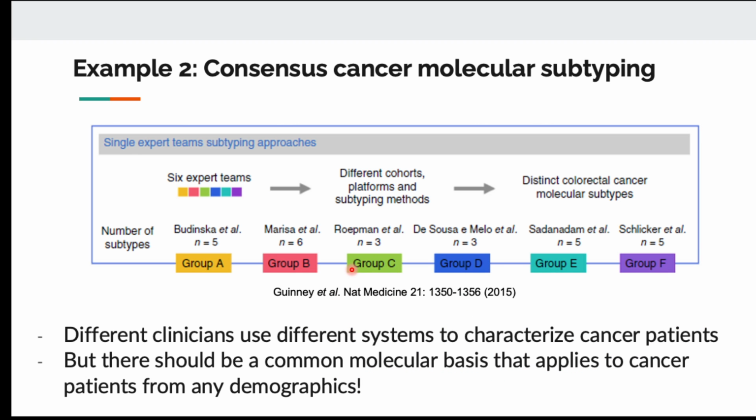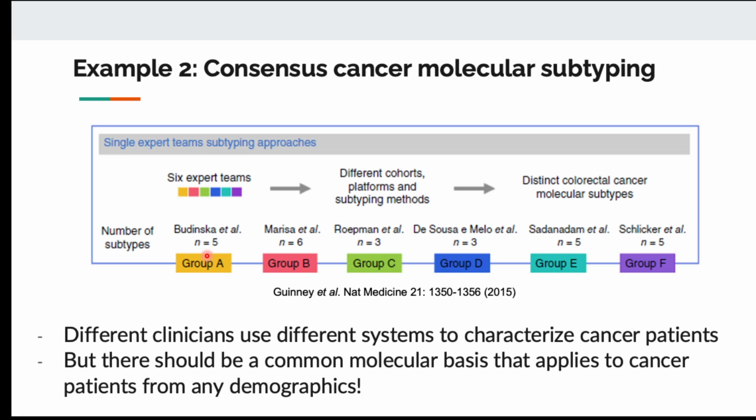For the second example, this is a case where you can combine transcriptomic data from 6 different hospitals, 6 different research teams, in order to get new biological knowledge. The situation back then, more than 10 years ago, was that if you had colorectal cancer and went to different hospitals, you might get classified into different subtypes.